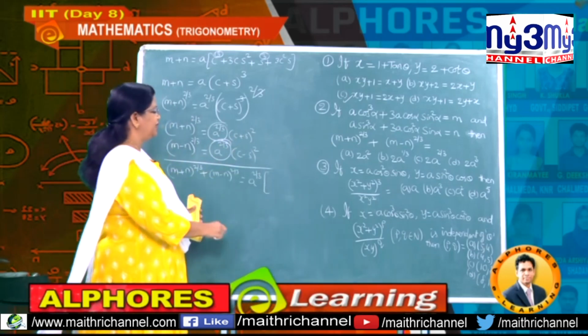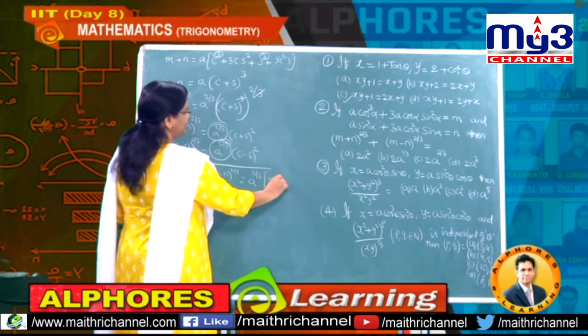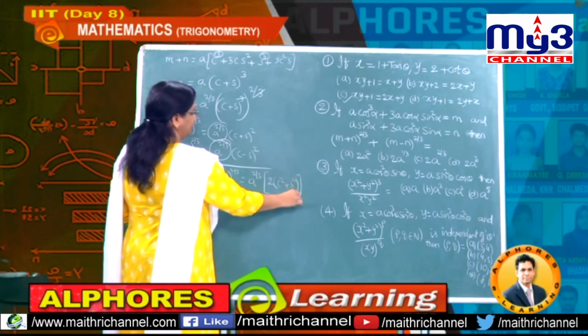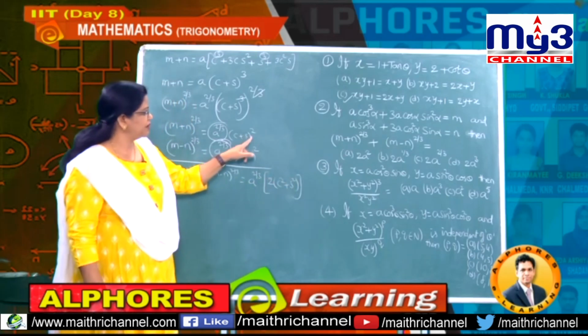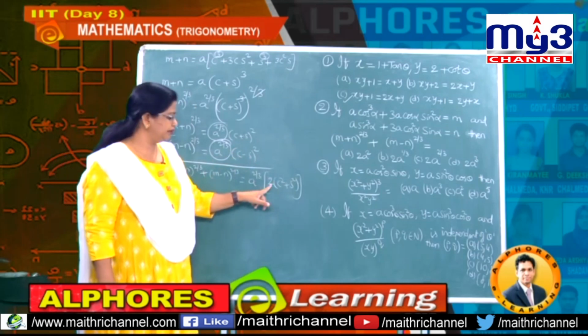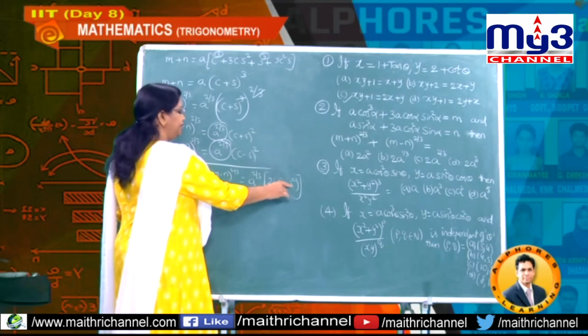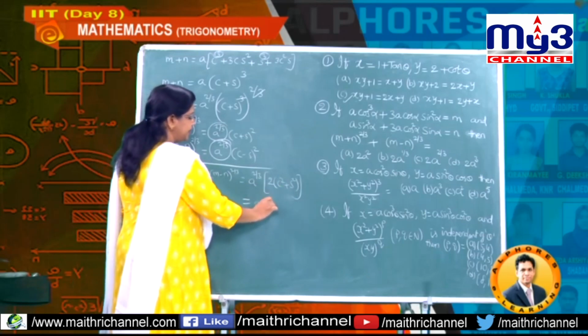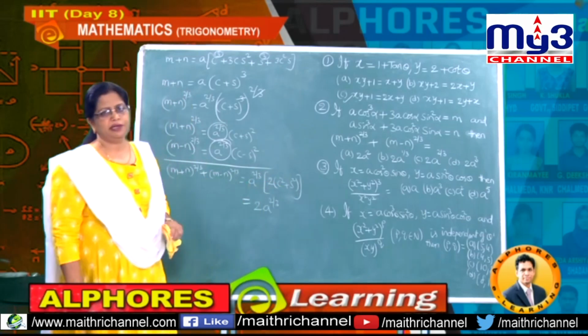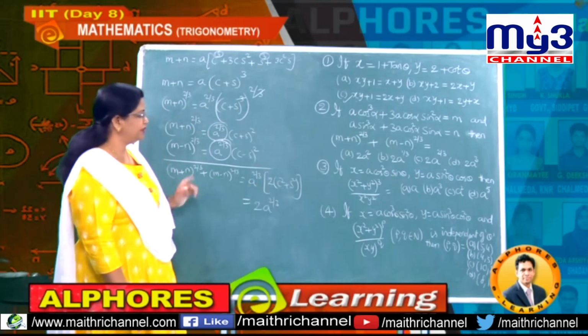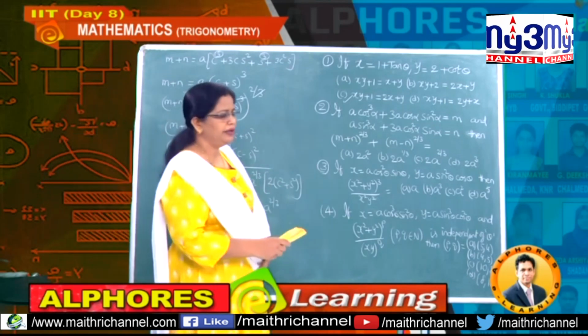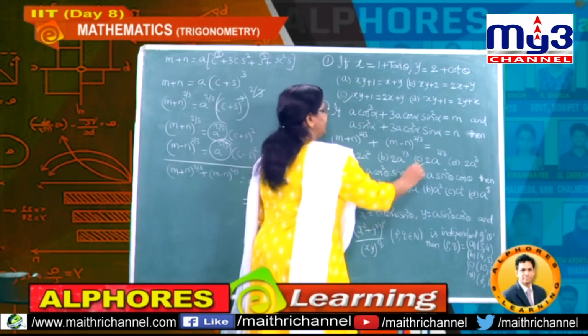We observed the algebra formula: it is 2 times (a square plus b square). Understand? So we eliminated the parameter. So what is the answer? 2 times a power 2 by 3. Understand, students? So which answer is right here? The third option is the right answer.